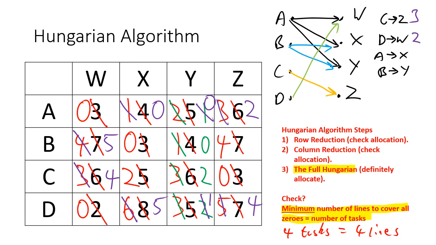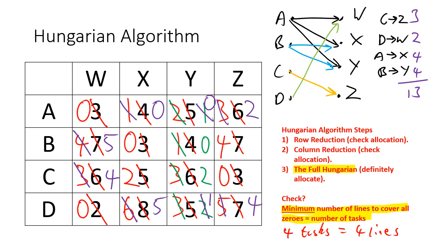If we go A to X, we've got a 4. And if we then go B to Y, we got a 4 again. And if you add all that up, you get 13.